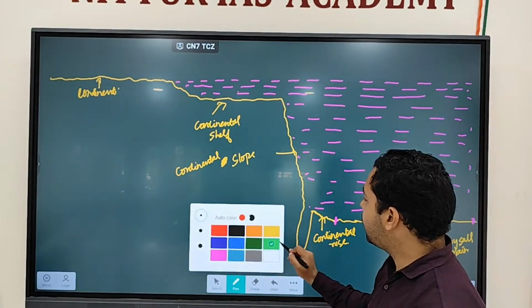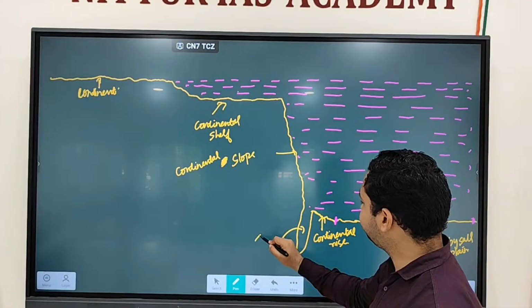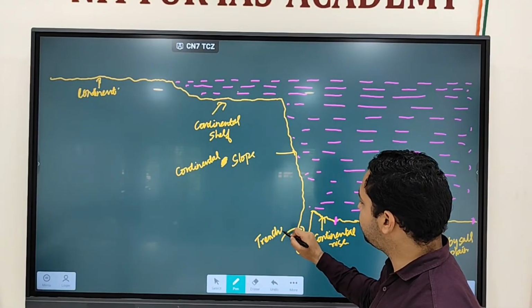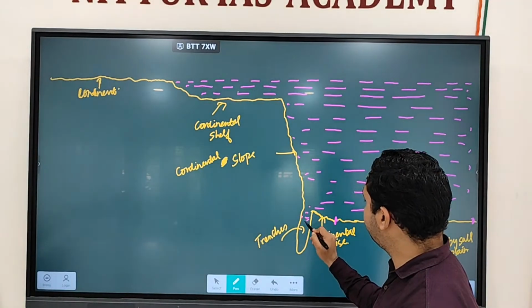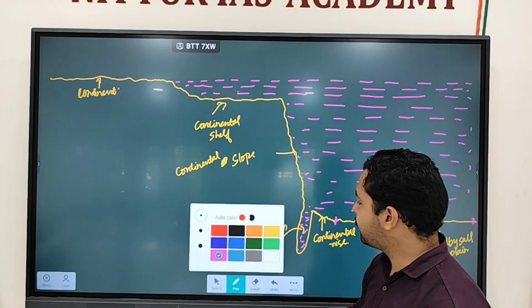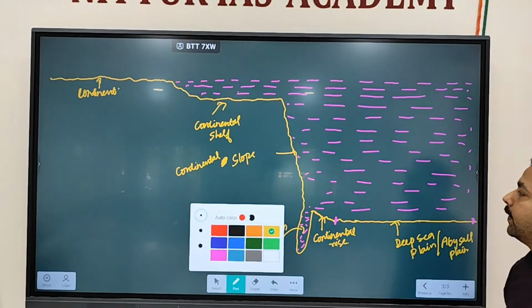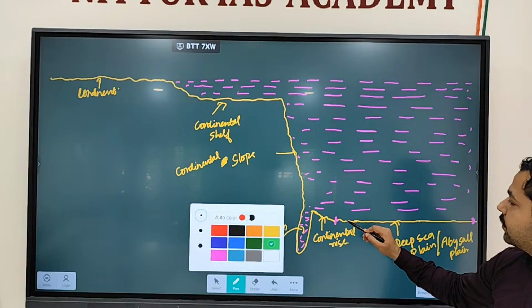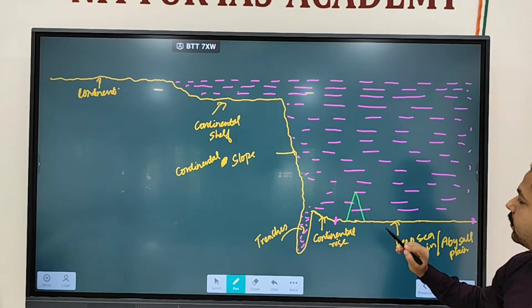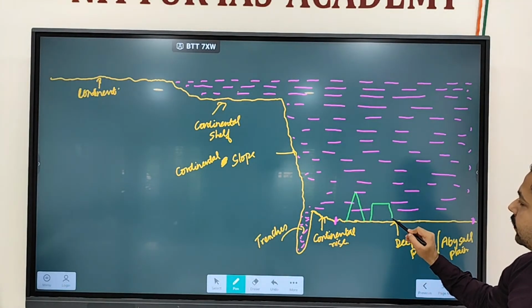This is referred to as your trenches. Then you also have what? You also have creation of various features like this or like this.